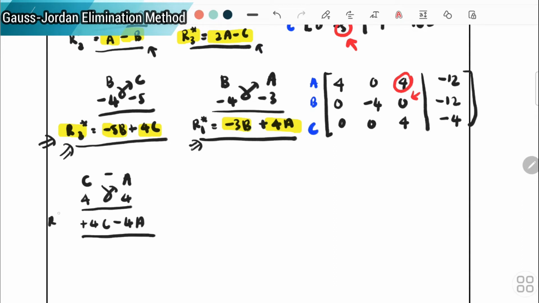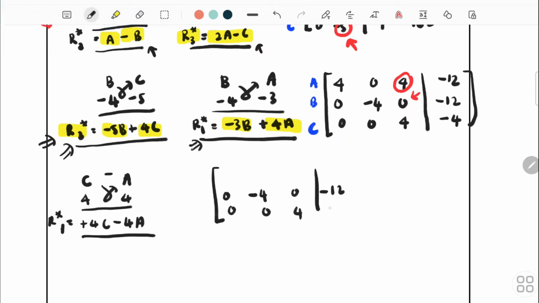So this is the new R1. Meaning that the second and the third row will be the same. So you just copy down 0, -4, 0, -12 and 0, 0, 4, -4. For the first row, you get the new one, which is -16, 0, 0, 32.